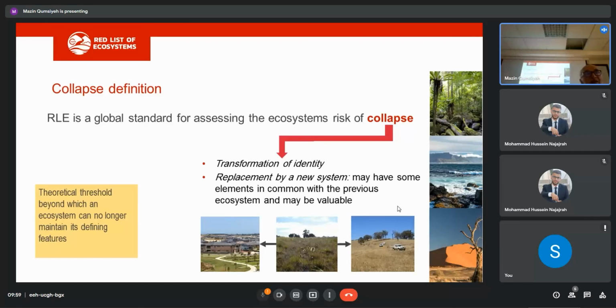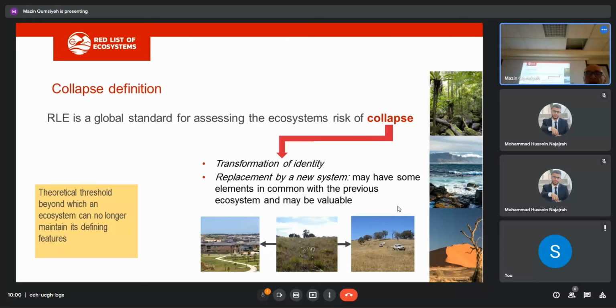And what is the collapse of an ecosystem? It's not extinction, it's a collapse. It's a different notion than for species. If a species disappears, you can imagine what that means, that it doesn't exist anymore.